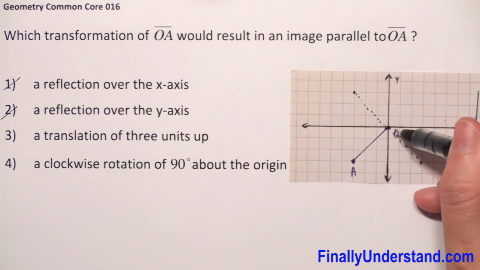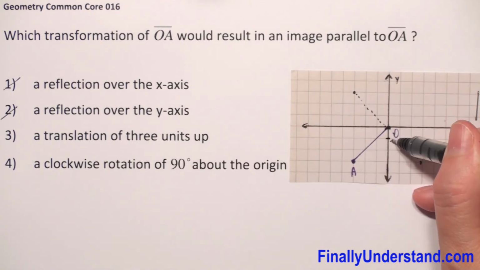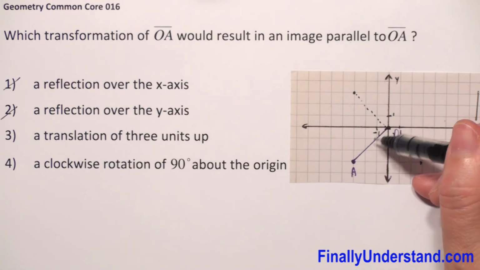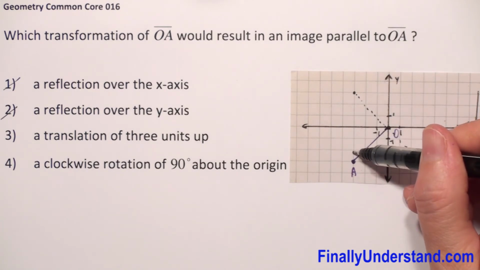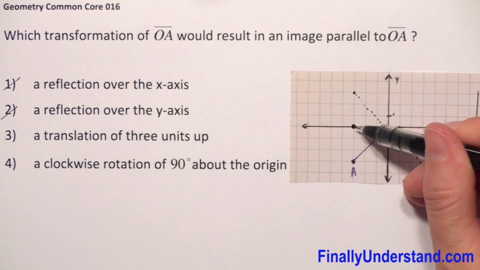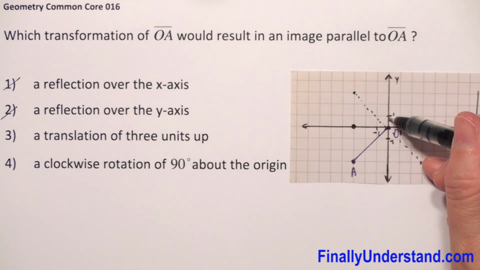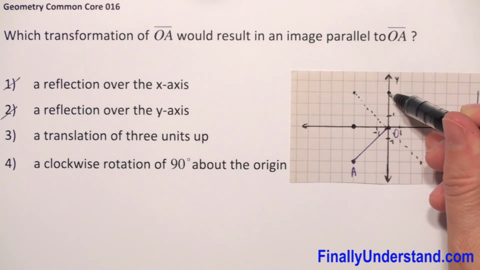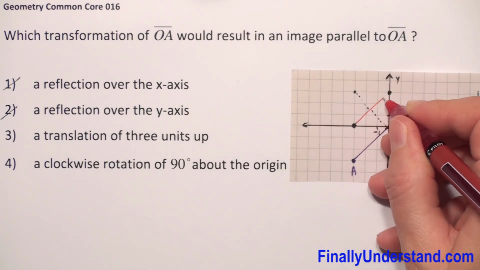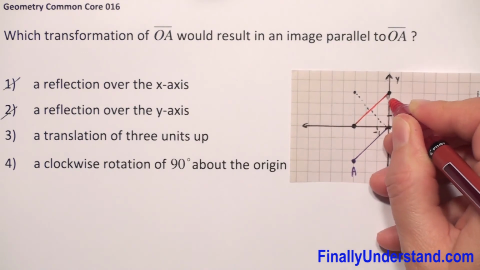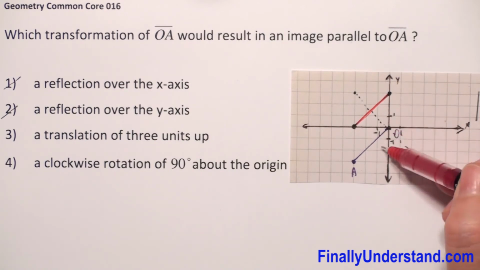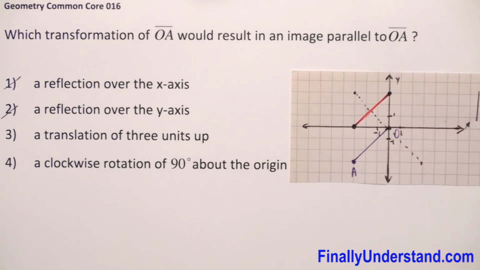Here, this is our unit, so we go 3 units up, 1, 2, 3. Here will be now point A and point O, 3 units up. So our segment will be now here. We see that these two segments are parallel. So this is our solution.